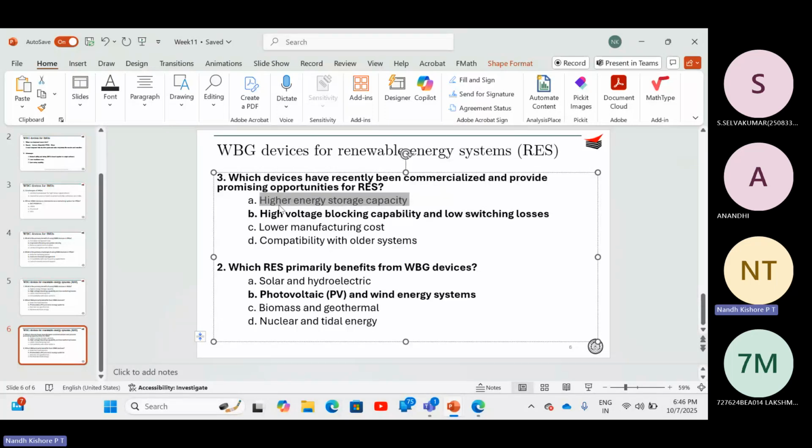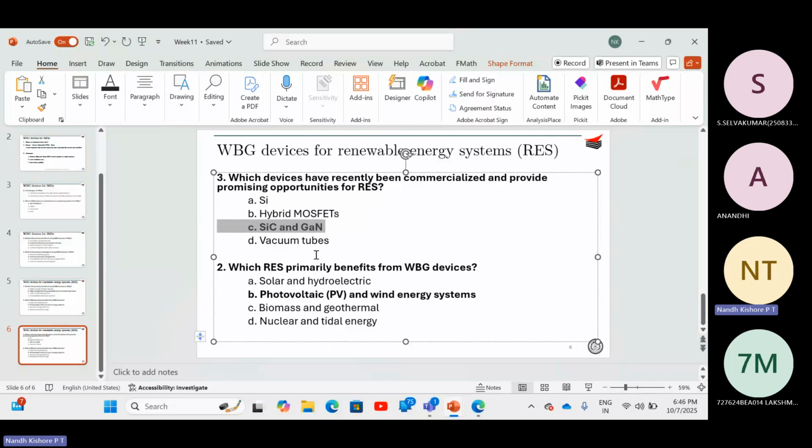So the answer is silicon or hybrid MOSFETs, and then SiC and GaN, silicon carbide and gallium nitride, and then vacuums. So I think everyone is pretty aware that the answer is going to be SiC and GaN.